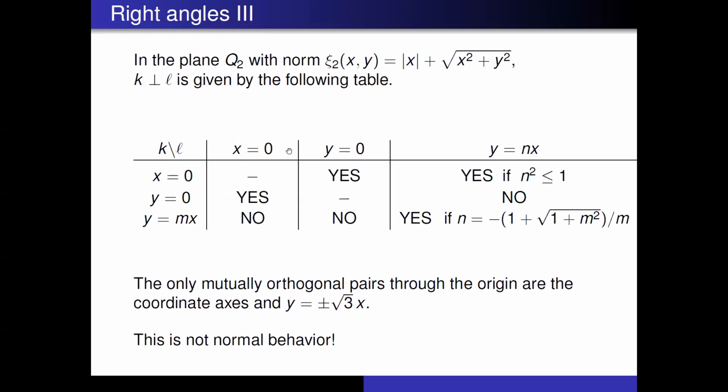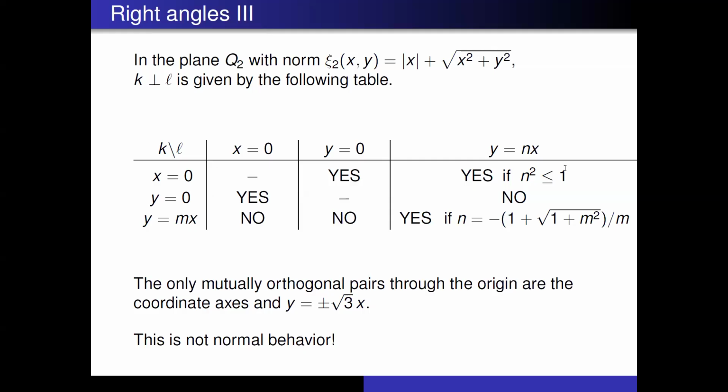Now let's go to the psi norm, which we use here. And we see that the y-axis, x equals 0, is perpendicular to y equals nx if n squared is less than or equal to 1. This is not normal behavior. I mean, you don't get a whole bunch of perpendicular lines.